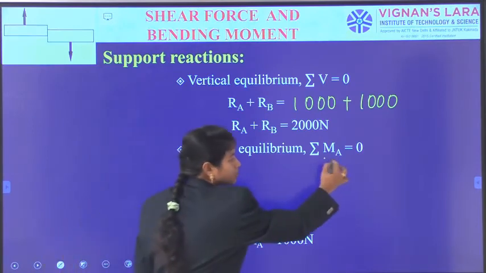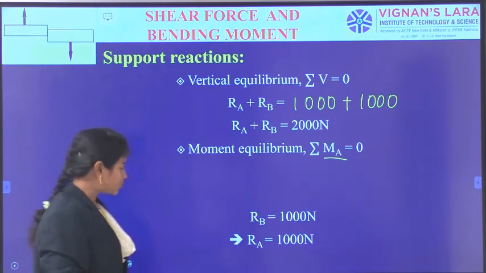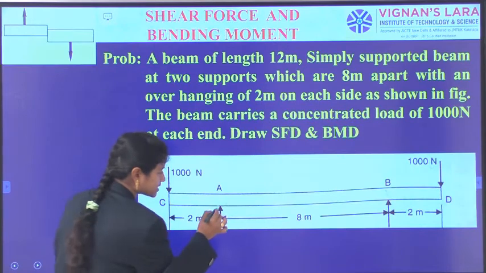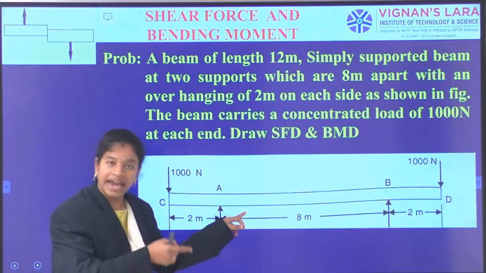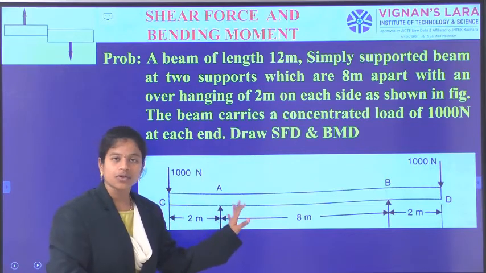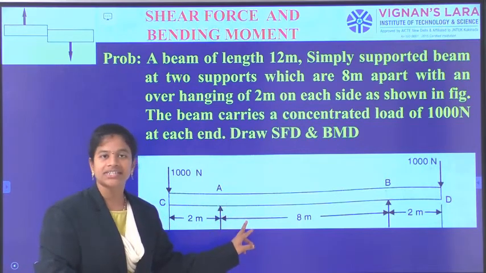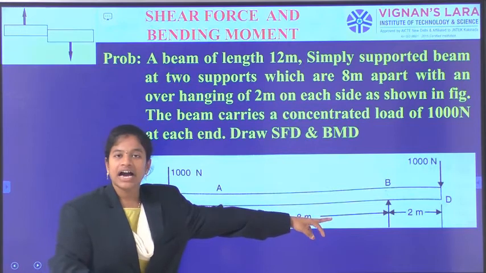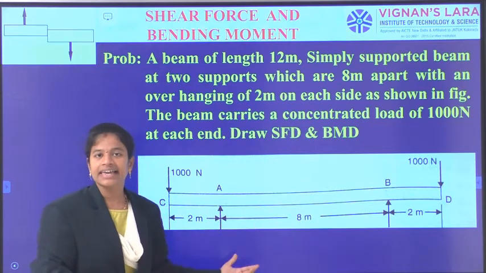If I am considering moment about A, what will it do? At A, RA will not be considered because there is no perpendicular distance, so RA will be eliminated in the equation itself. It involves only RB, and with the equation I can directly calculate RB.